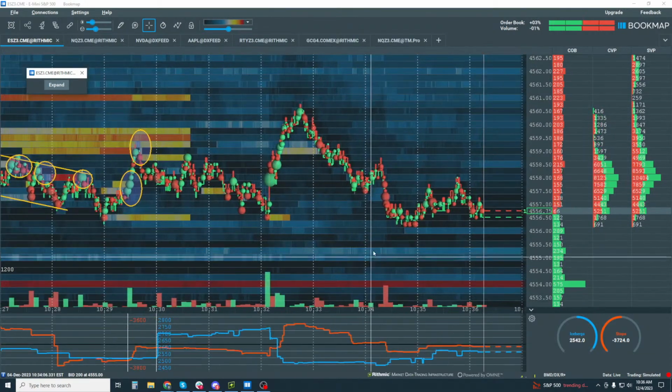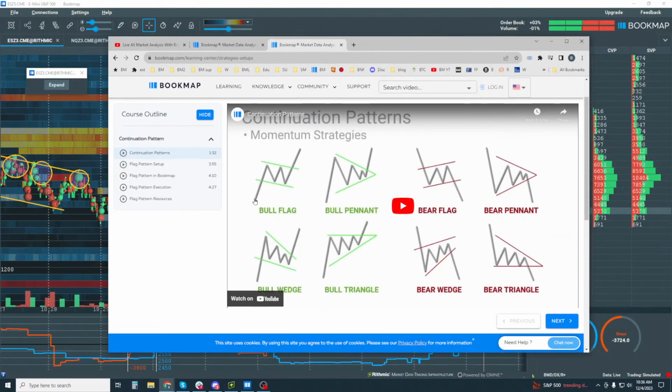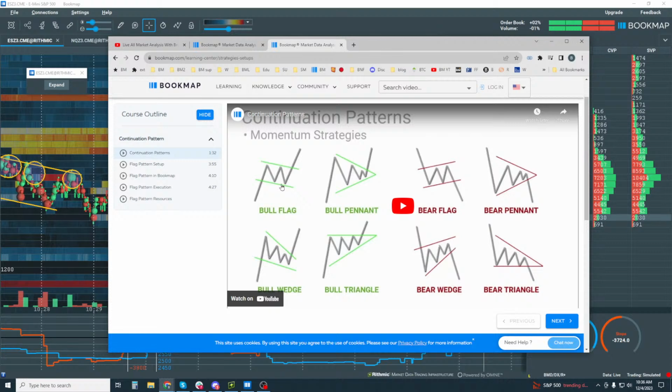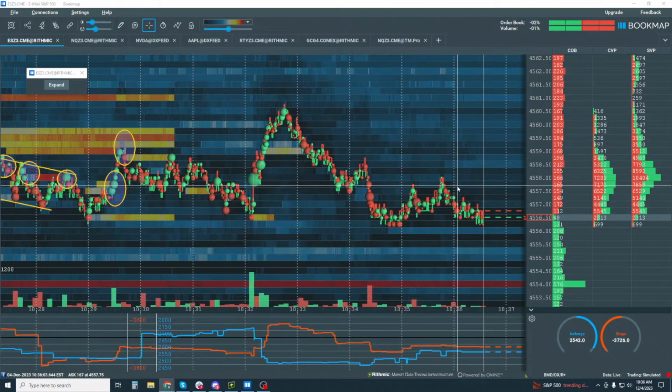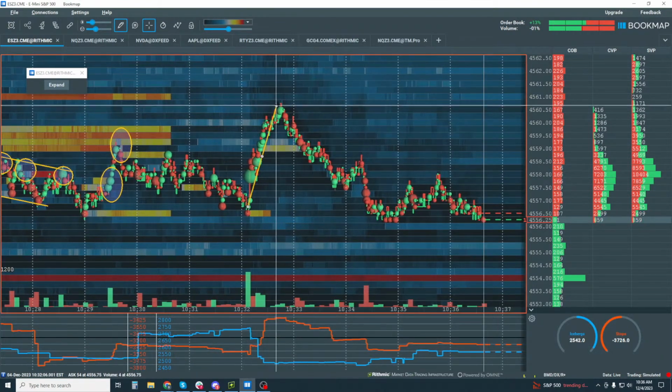My point is, on these strong moves like this, your bull flag or your bear flag, you get a more shallow, minor pullback, and then you're looking for that major strong impulse move. Okay, so the same applies here. We can kind of gauge this.